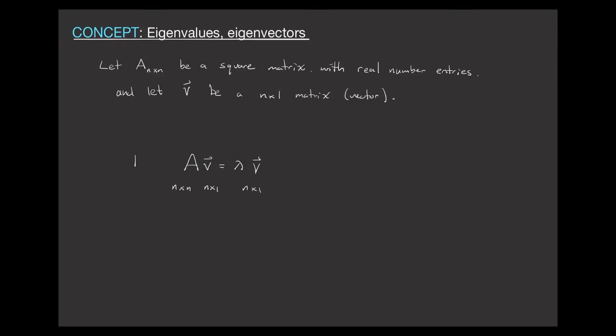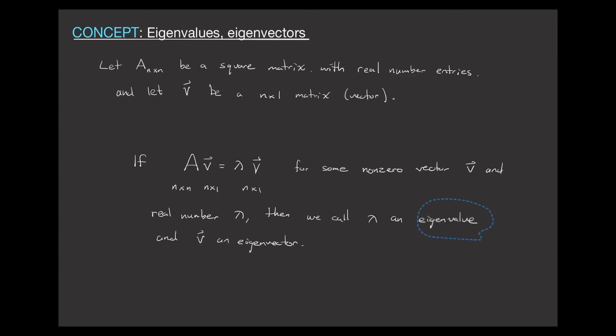So if this is true for some non-zero vector V and real number lambda, then we call lambda an eigenvalue and V an eigenvector.